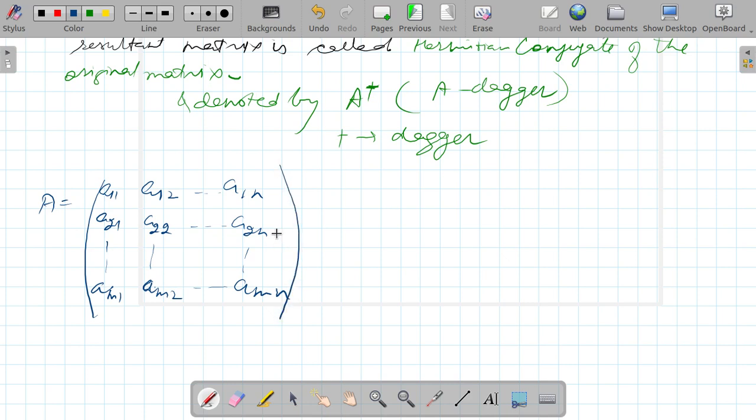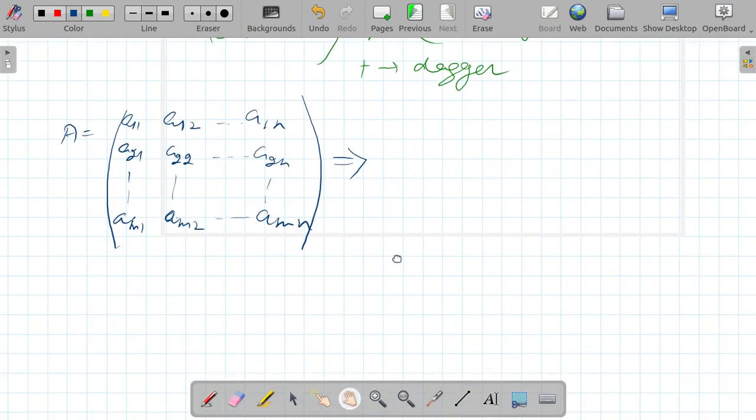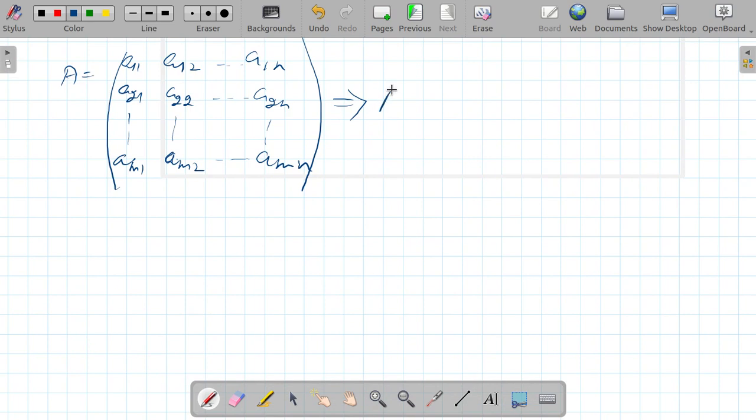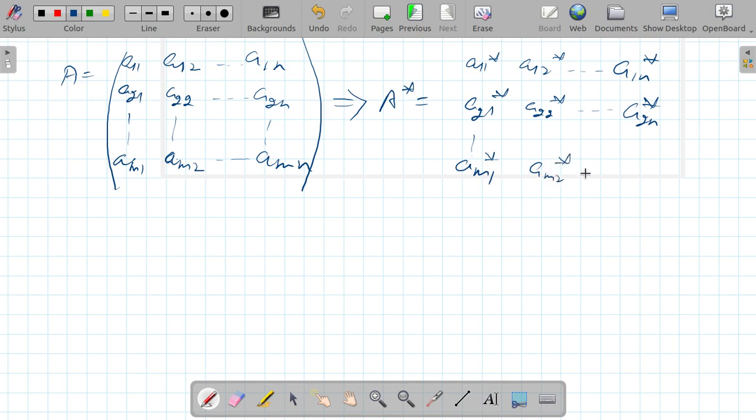Now I have to apply two operations. Let us apply the first operation: take its complex conjugate, which is A11 star, A12 star, A1n star, A21 star, A22 star, and so on, A2n star, AM1 star, AM2 star, and so on, AMN star.